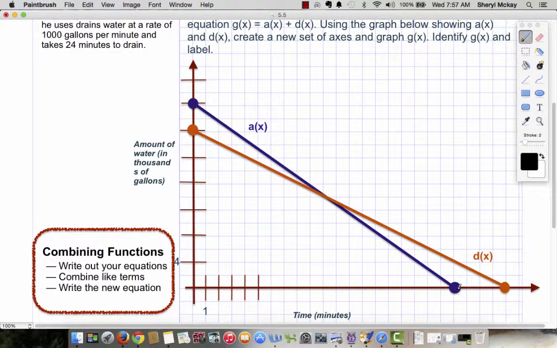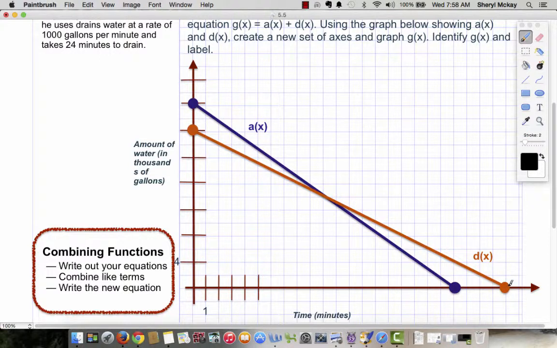And this is when it's empty. This is the amount of time passing in minutes. And then this is Dane's pool, the orange one. This is the amount of water in his pool, and it's draining at a constant rate, and it takes this many minutes.